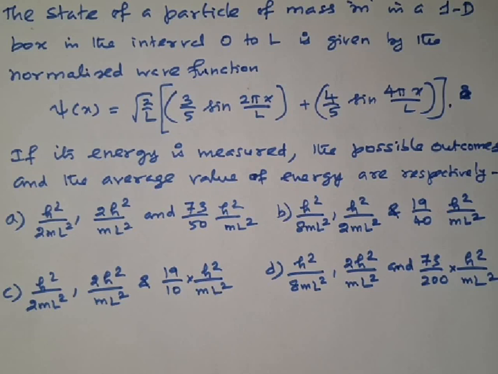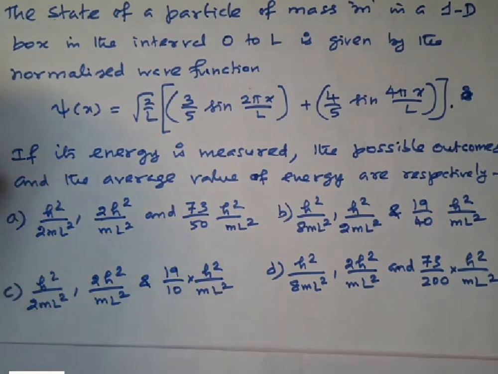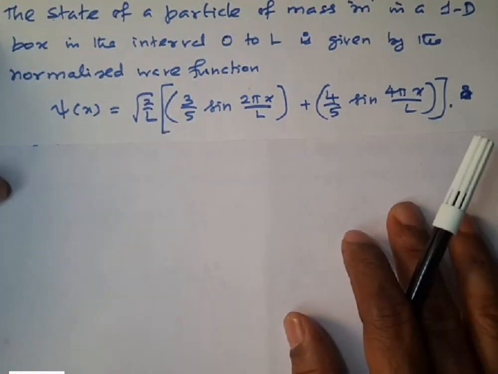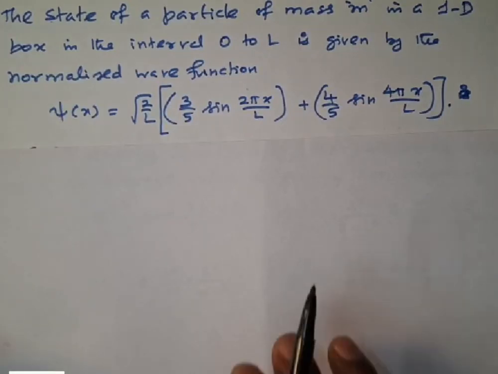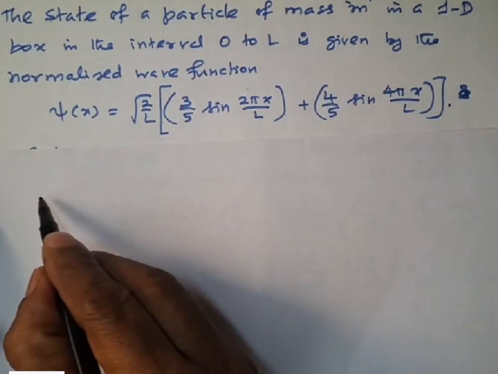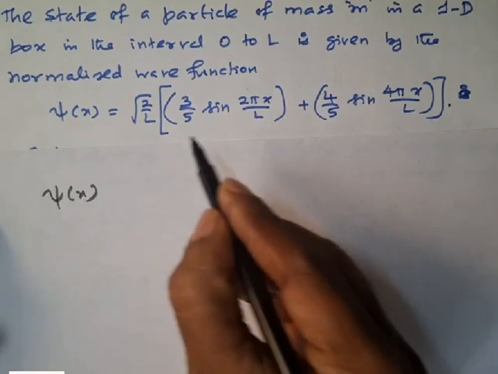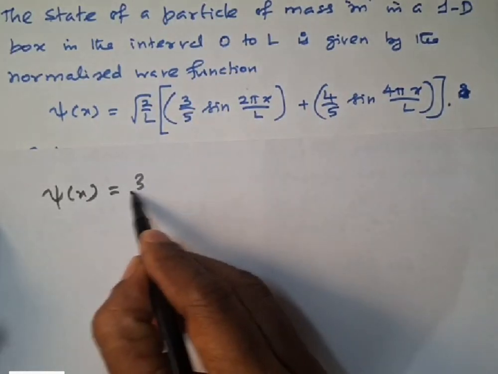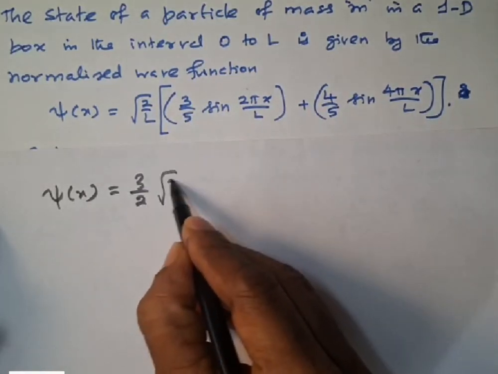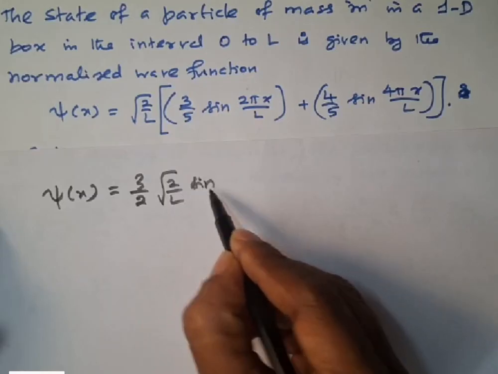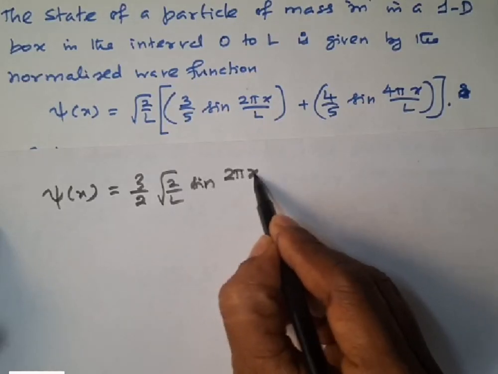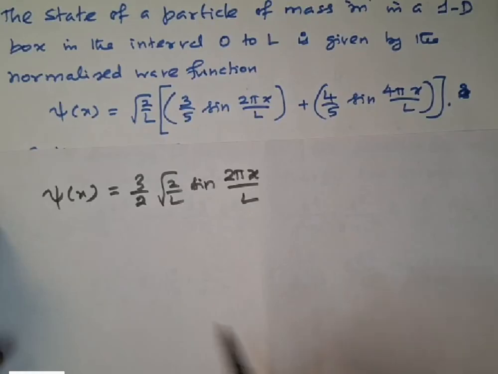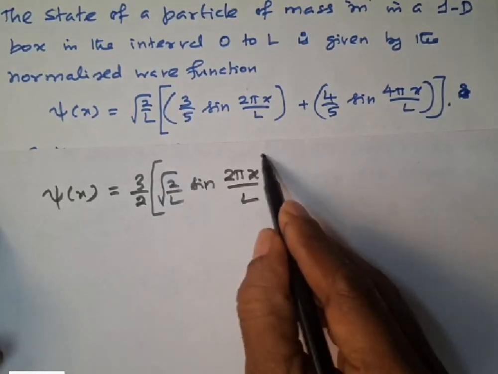How to do this? It's a very simple one, very easy also. So this is the wave function given. Let me separate the wave function like this so that it will be easy for you to understand. I'll keep this 3 by 5 out, into square root of 2 by L into sine 2 pi x by L. Observe this carefully.